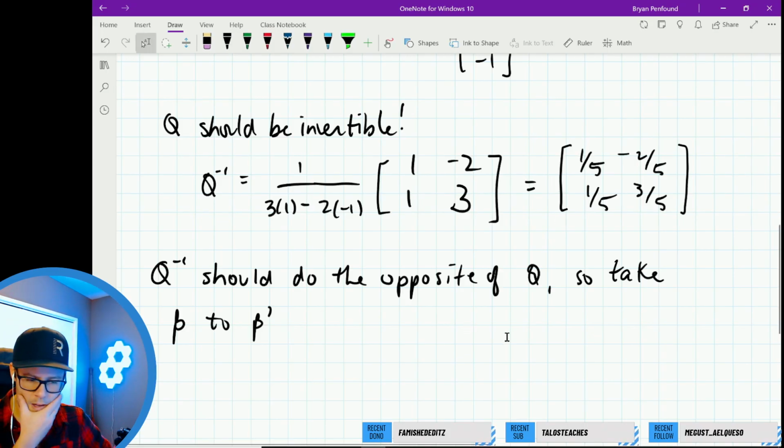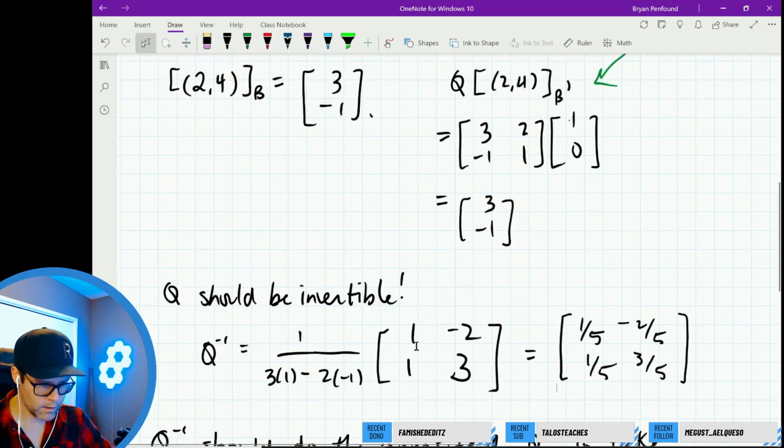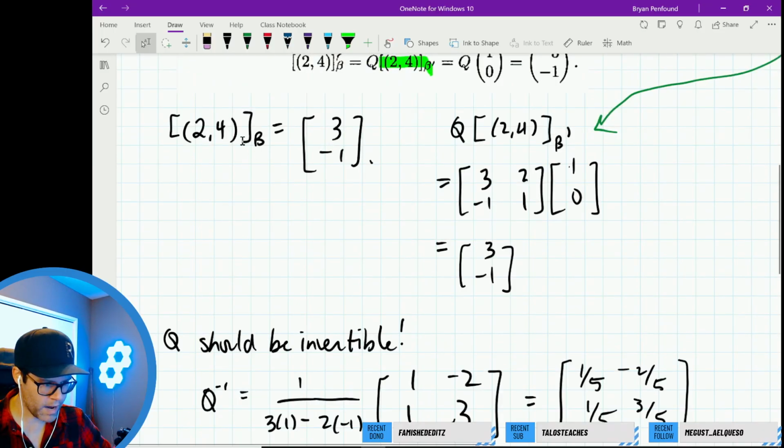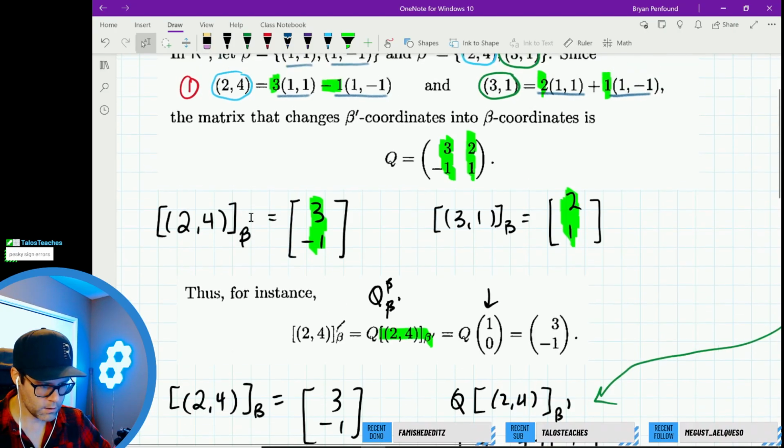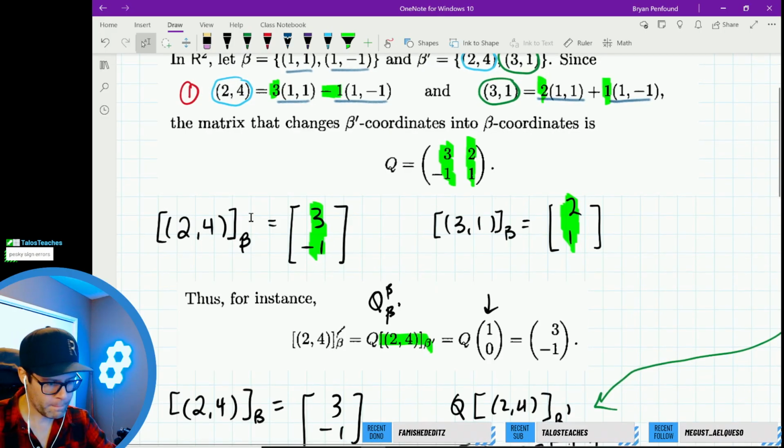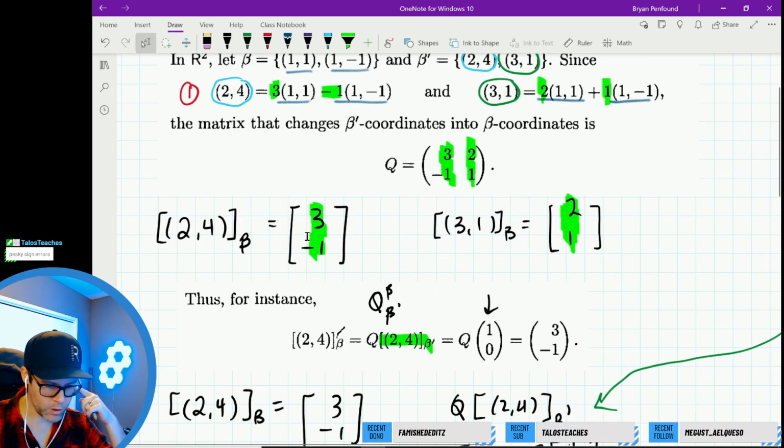So let's take a look. Is it true that this Q inverse will take coordinate vectors with respect to the beta basis and convert them over to coordinate vectors in the beta prime basis? So let's see. We have a couple with respect to basis beta. So maybe let's take this one, 2, 4, with respect to beta, and multiply it by Q inverse.